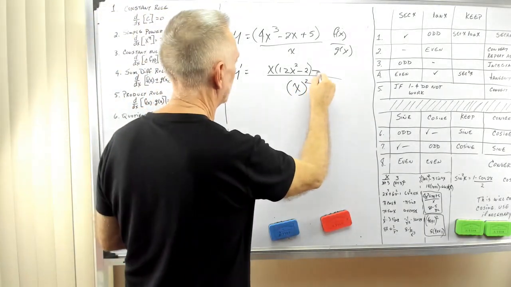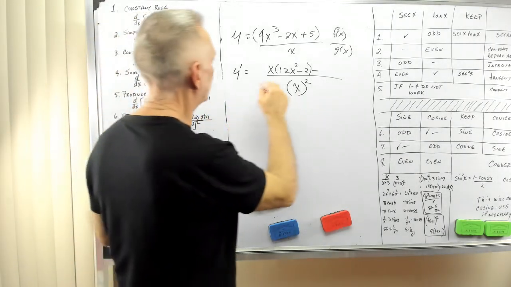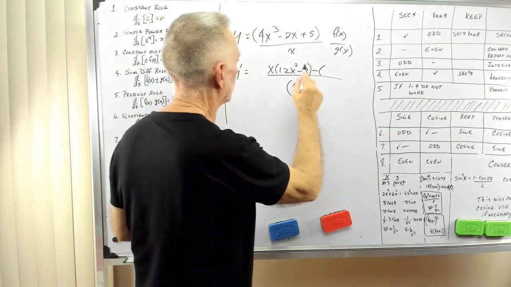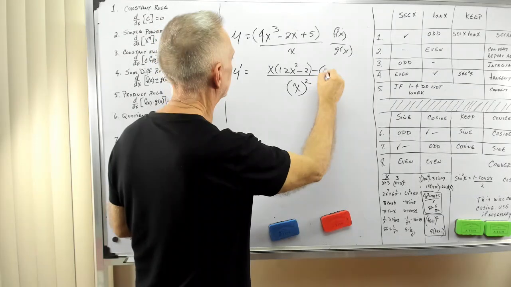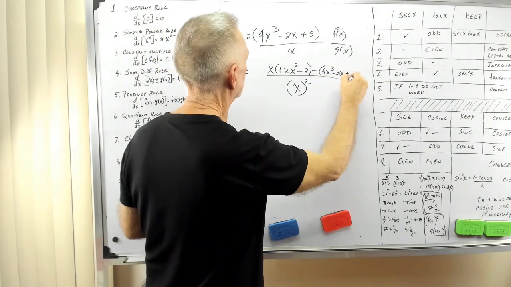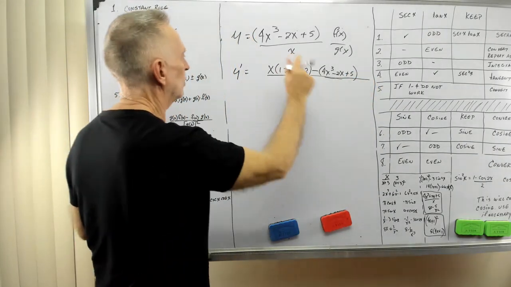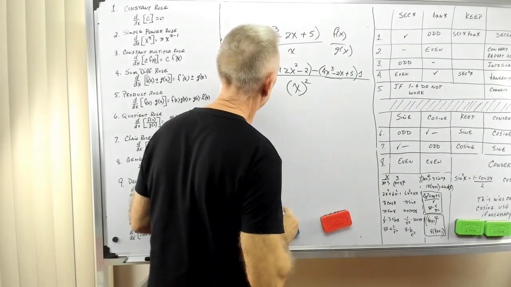Minus, and this is where I messed up earlier, I put plus. The top function, which is, and I would encourage you to work with your parentheses here, 4x cubed minus 2x plus 5 times the derivative of what's on the bottom, which is just 1.